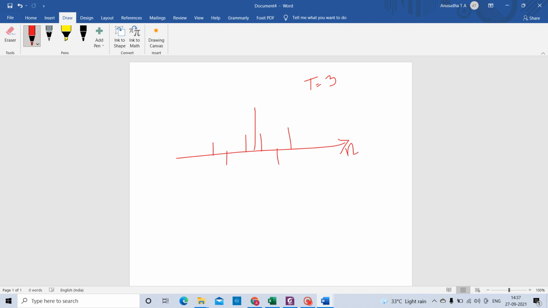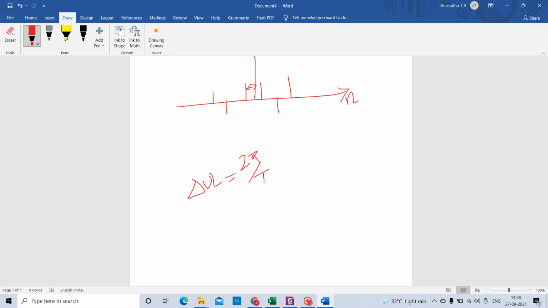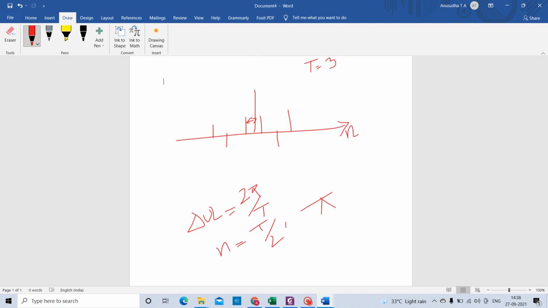This is the space between the two samples, which we calculate using 2 pi by t. The first zero crossing frequency occurs at n divided by t by 2. Generally, it occurs at pi.